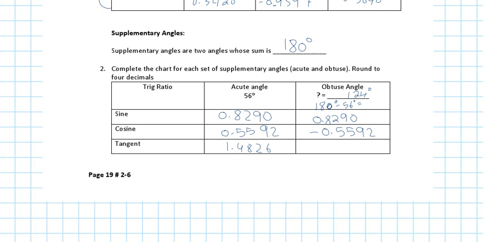Is that going to be on a test? We will write it. We will look at all of this. We'll write them down. So I'll just write it down now. We're going to write it out. And then tangent is going to be negative 1.4826. Again, tangent of all obtuse angles is going to be negative.